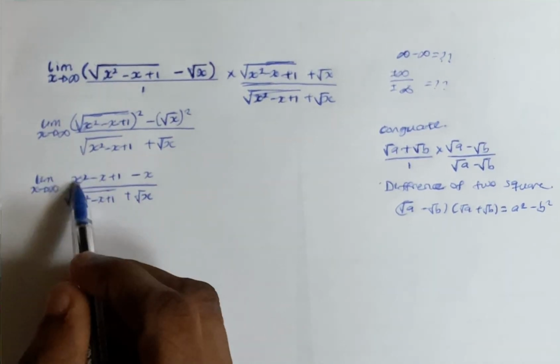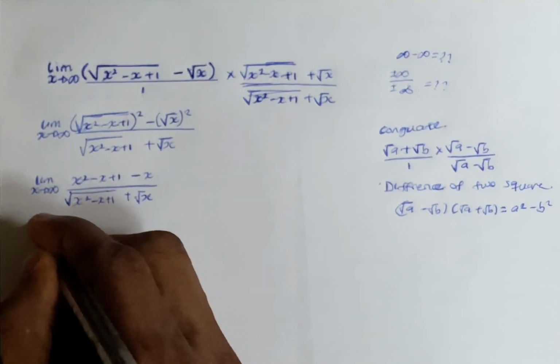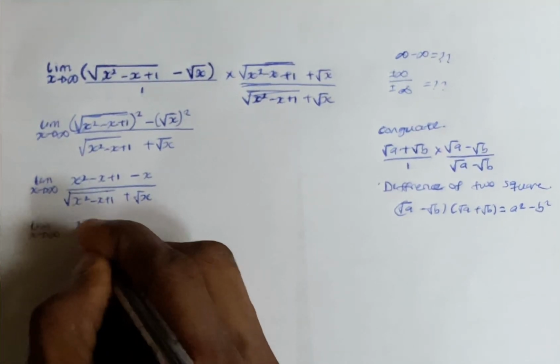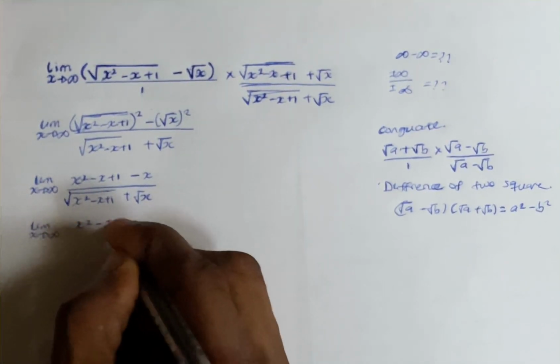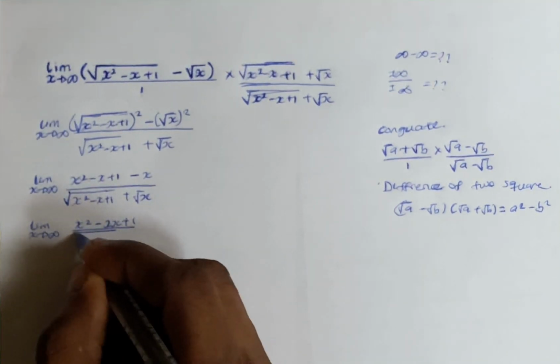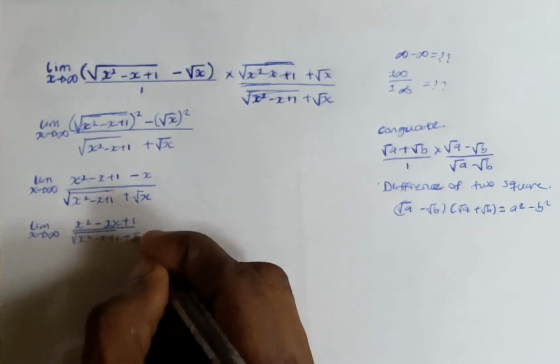So what do we do here? We can collect like terms here. We have minus x here. So we say limit as x approaches infinity, we have x squared minus 2x plus 1 over square root of x squared minus x plus 1 plus root x.